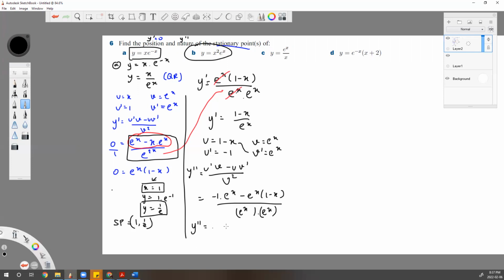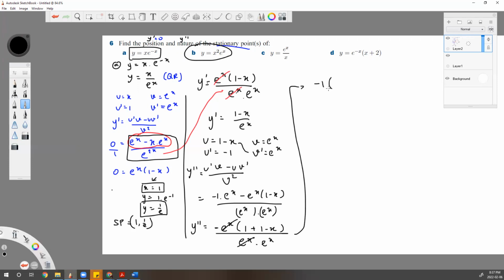So y'' equals, I want to get rid of negative e power x, and then 1 plus 1 minus x over e power x times e power x. And then what next?